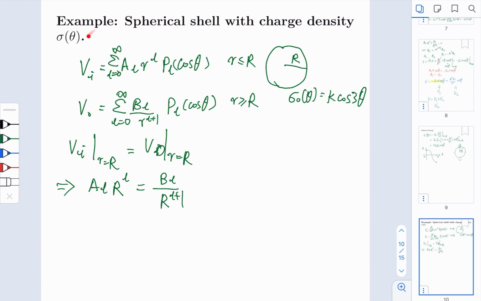So in principle, you have to do the integral over this expression and the P0 cosine theta, and then get the matching condition for the A0. And then you have to do it again for P1, and do an integral on the left and on the right, and then compare, and that will give you the A1 and the B1. After doing infinitely many of these, you can get the final expression here.